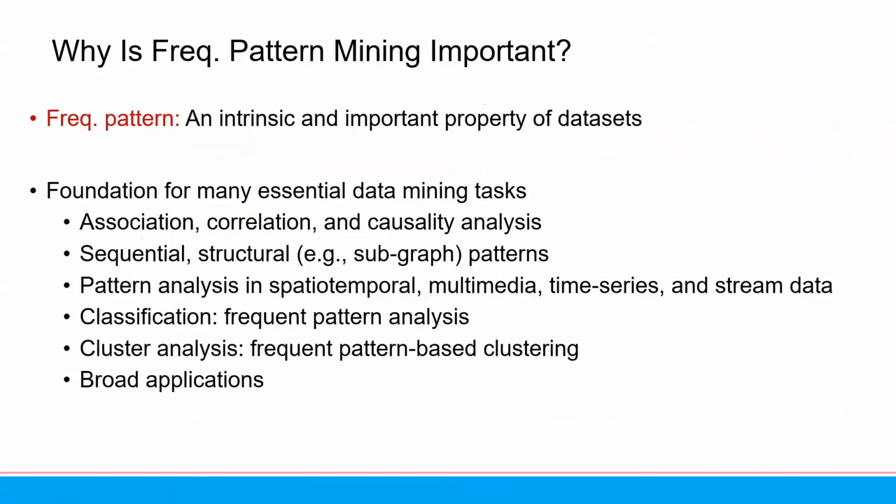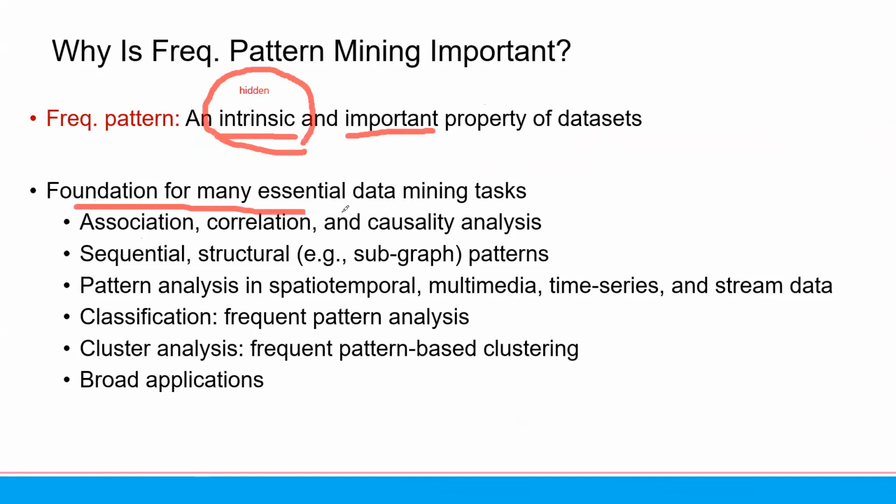So it is a big question why we need to use this frequent pattern mining. Because sometimes it is not easy to find the intrinsic. The intrinsic means something hidden. And you need to find the important property. So this hidden or intrinsic property, you can get it from the frequent pattern.